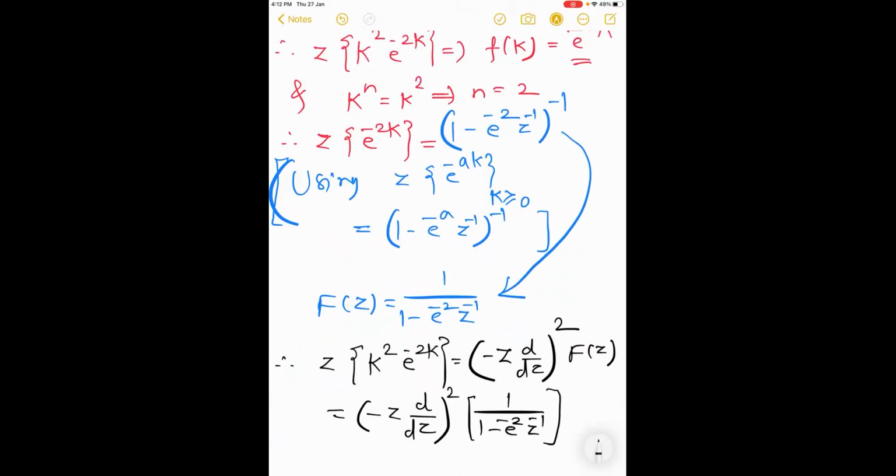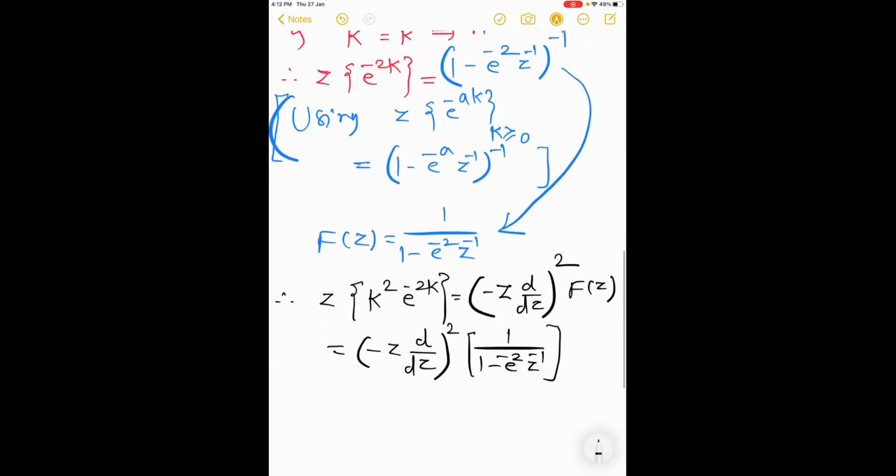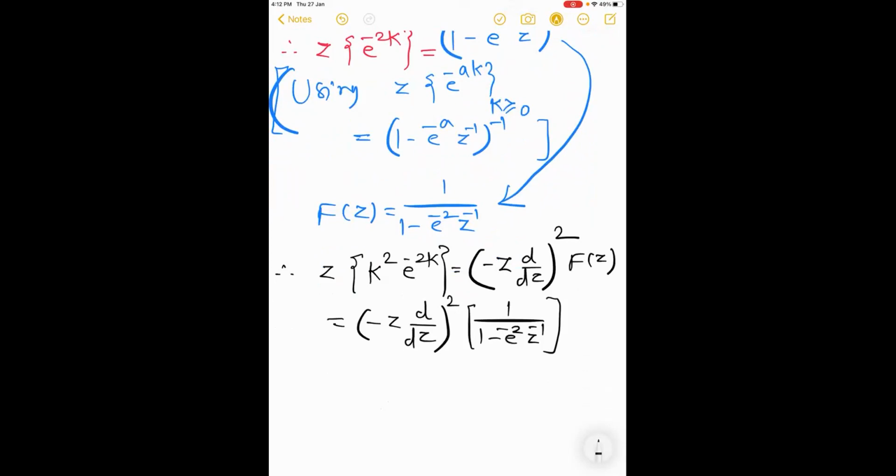Is it okay? Are you following? Yes, ma'am. So we have to differentiate 1 upon 1 minus e raised to minus 2 z raised to minus 1. So how will you differentiate that? Using the property of x raised to n.